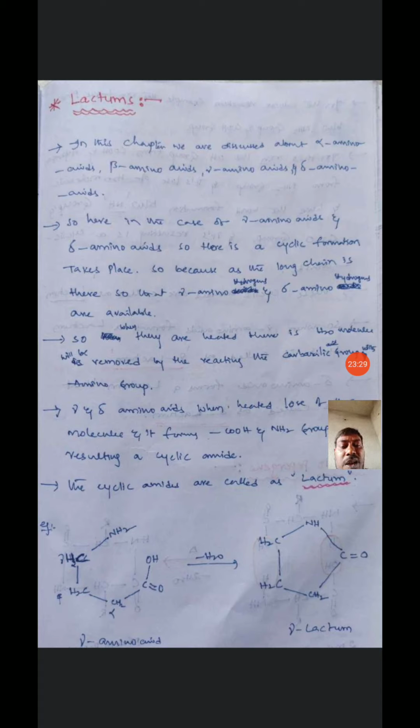When they are heated, an H2O molecule is removed by the reaction of the carboxylic acid group with the amino group.